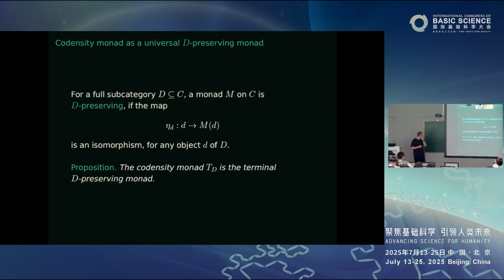And it turns out that this codensity monad, as a monad, not just a functor, has some universal property. It is the terminal object in the category of all D-preserving monads. So yes, there's another point of view on all these guys. And as far as I understand, this property is specific for the codensity monads of full subcategories. It doesn't work for general codensity monads of functors.